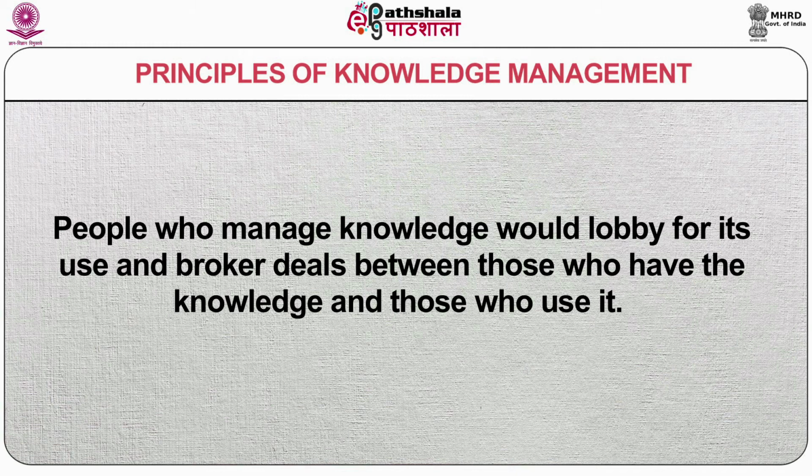The next principle is that knowledge management is highly political. It means knowledge is power and hence it is associated with money, success, lobbying, and backroom deals which manifest power. People who manage knowledge would lobby for its use and broker deals between those who have the knowledge and those who use it.